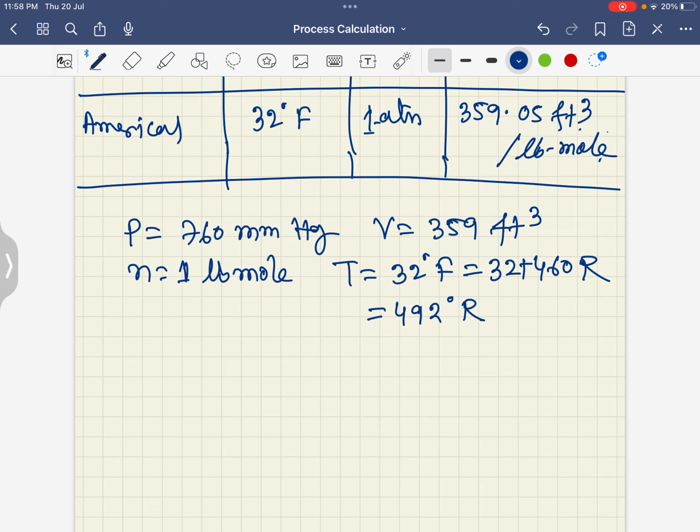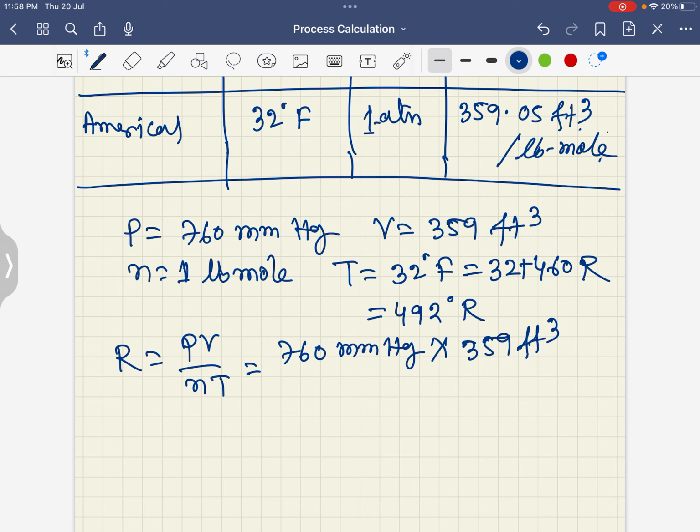Now R will be PV by NT, so that is 760 mm Hg into V is 359 feet cube, and then N is 1 pound mole, and temperature is 492 Rankine.